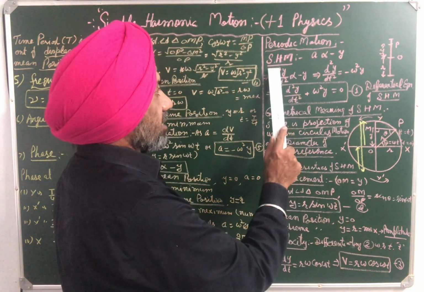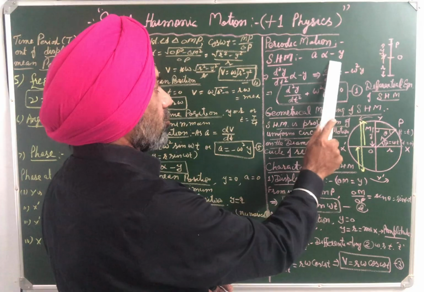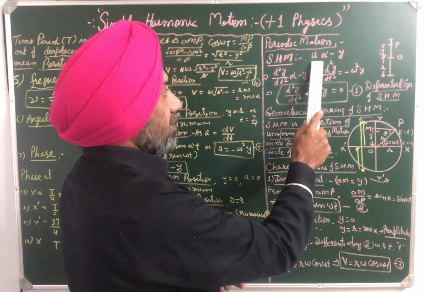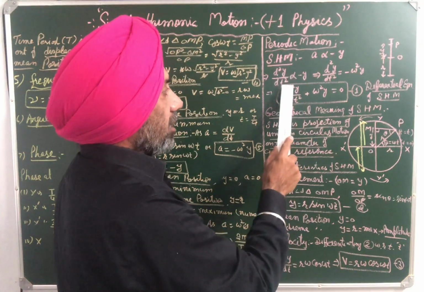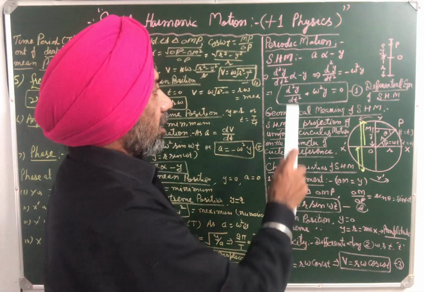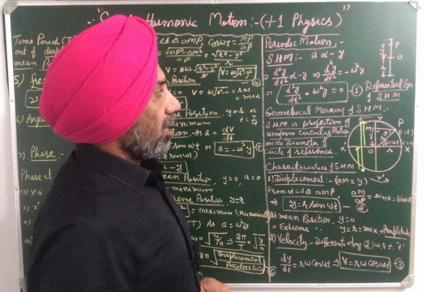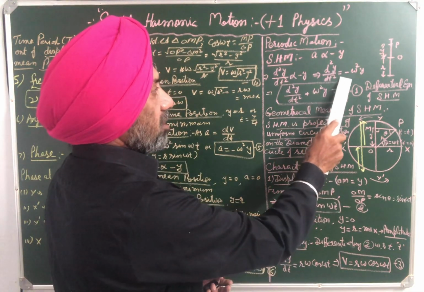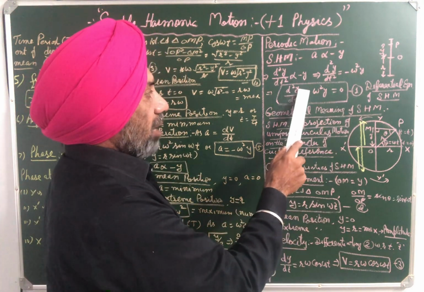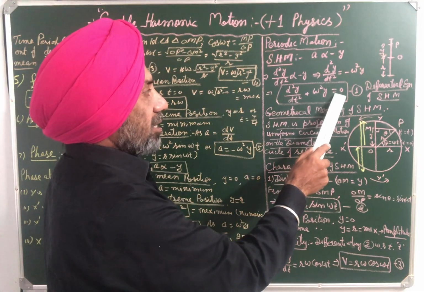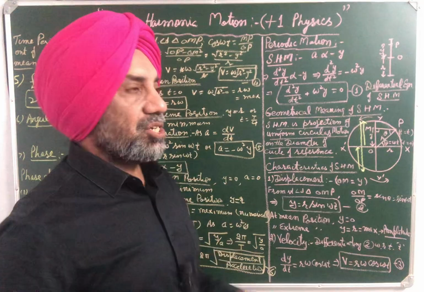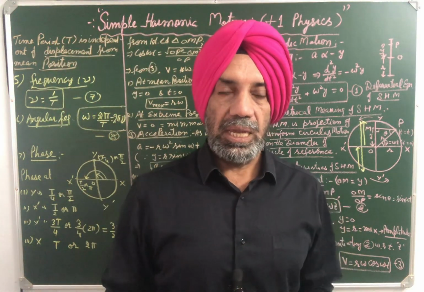So, in case of S.H.M, a is directly proportional to minus y, or a can be written as d²y/dt², second order differentiation of displacement, proportional to minus y, or d²y/dt² is equal to minus omega square y, or d²y/dt² plus omega square y is equal to 0, which is the required differential equation of simple harmonic motion.